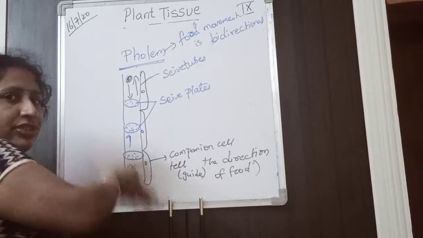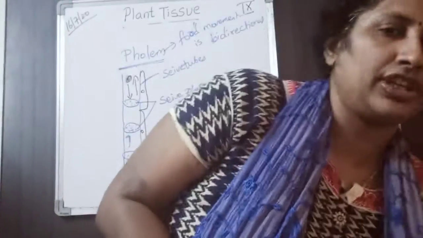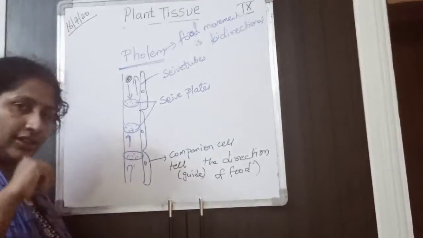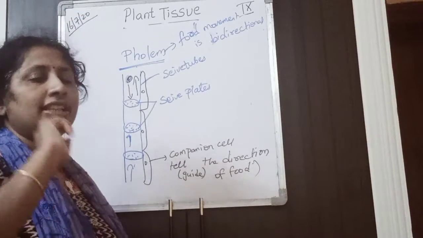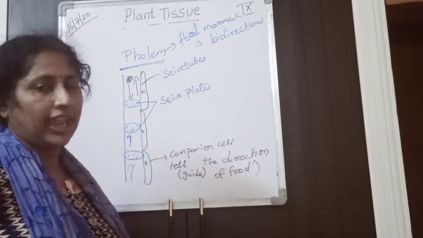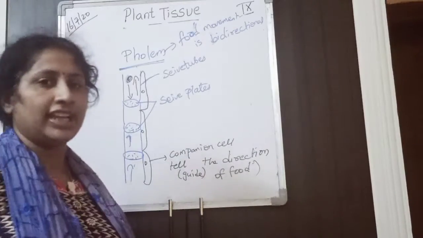Sieve tubes help in transport of food, and companion cells will guide the direction of the food. Same, if you see the xylem vessels, they transport the water, and xylem tracheids help to direct the water, but only in one direction.